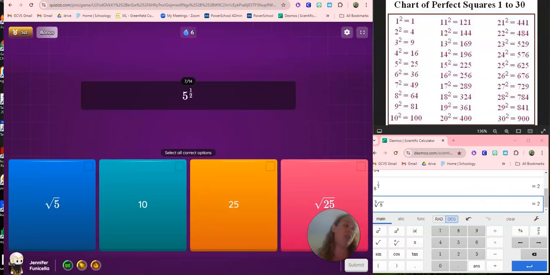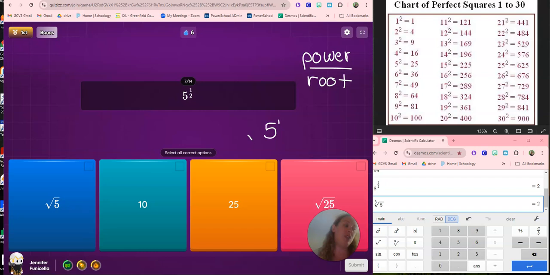Question 7, we have 5 to the 1/2. So again, remember our handy tool of power root. So this is saying that the power is 1 and the root is 2. So which of these options have a 5 with the power of 1 and a root of 2? 5 to the first power, but we won't see that little 1.